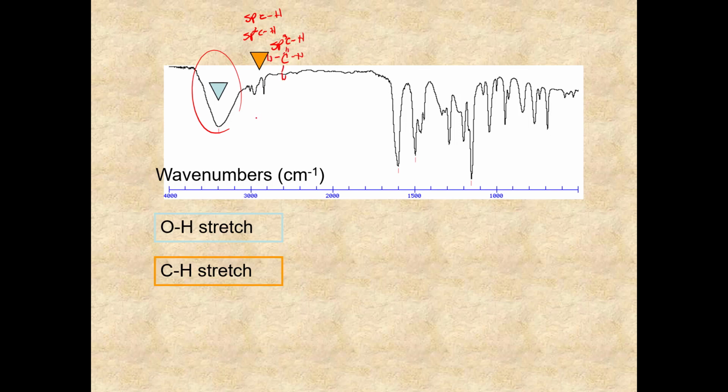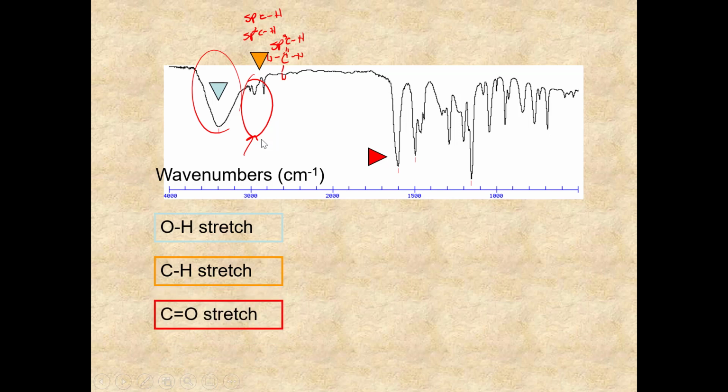We're going to have cutoffs all around this region where each one of those shows up. So when I look at that region, I can say, okay, I think I have sp3 carbon hydrogens only, or I see some sp2 carbon hydrogens, so that means I have double bonds present. So it really gives us some information right here, and that's the carbon-hydrogen stretches. That bond, depending on its hybridization of carbon, absorbs at a different wave number.